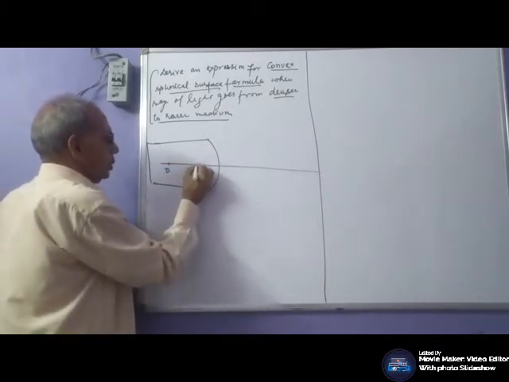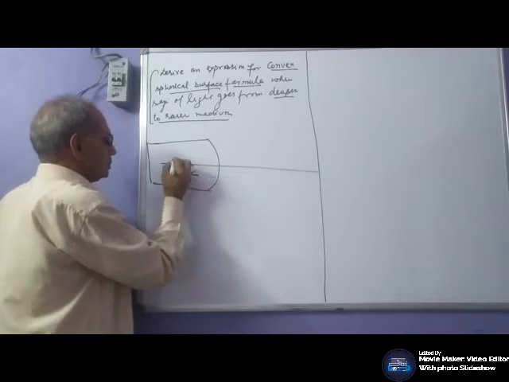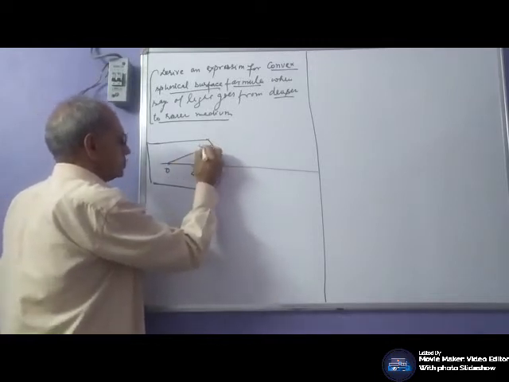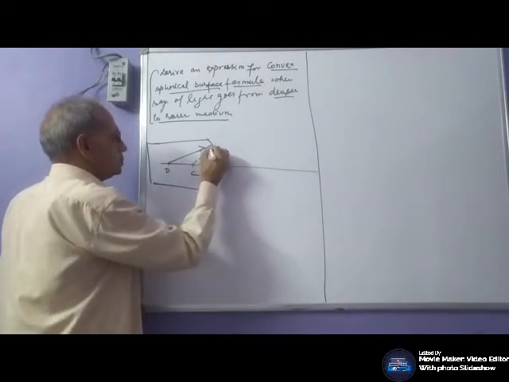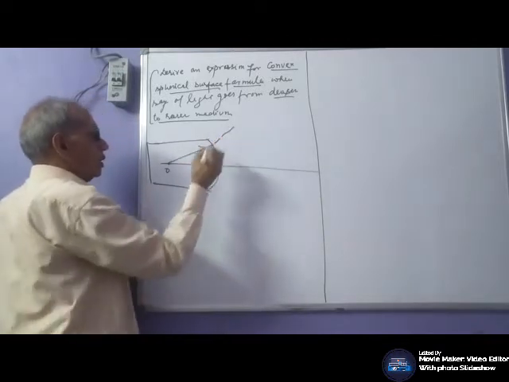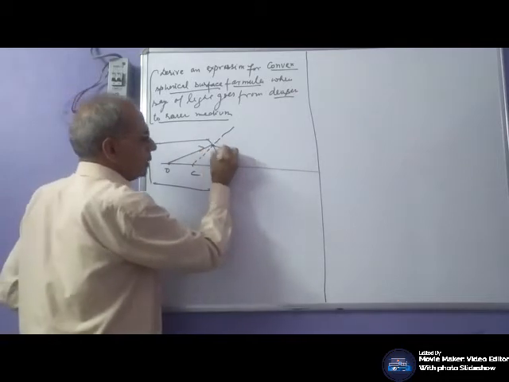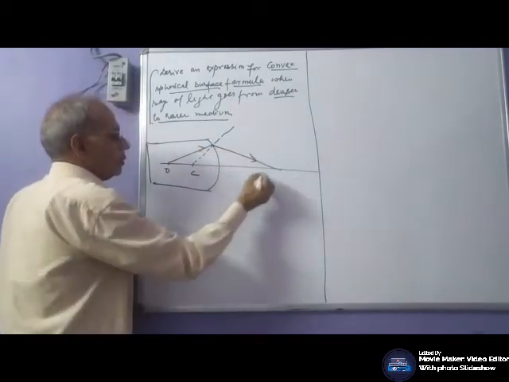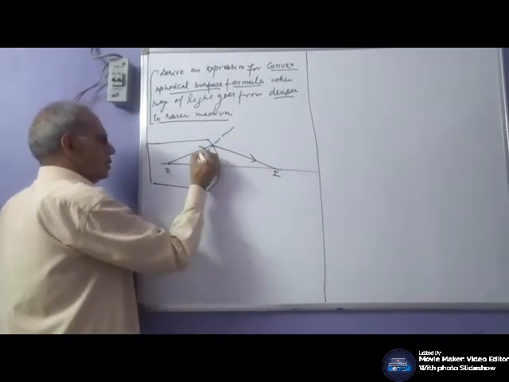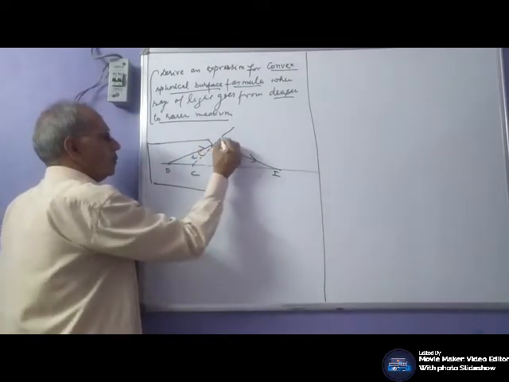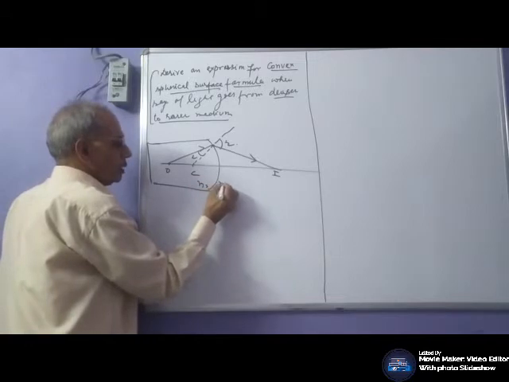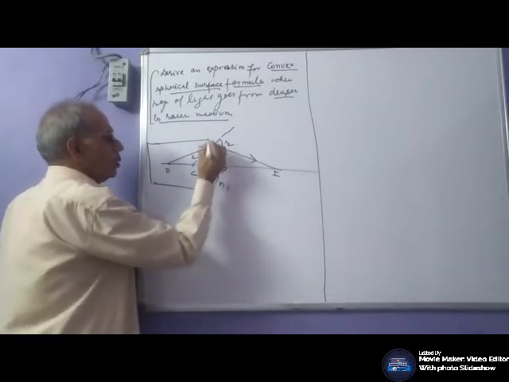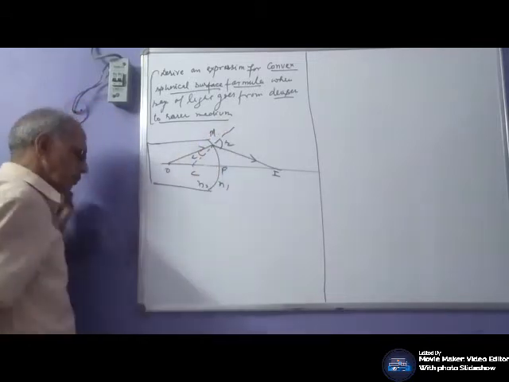This is O, this is C. This is the normal, and the ray bends away from the normal. This is I, R. It is N2, it is N1. This is the pole, and this point is N.